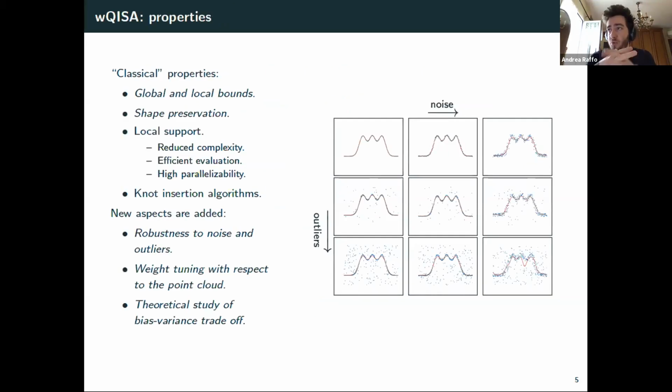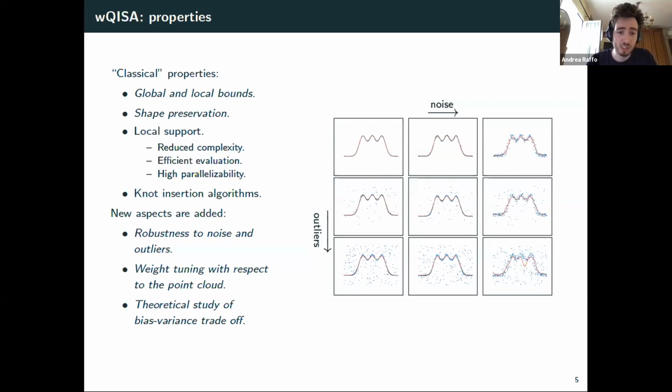Classical properties of quasi-interpolation are preserved. We have global and local bounds, sorry. The monotonicity and convexity of the, let's say, average trend of the point cloud is preserved. And we have all the properties that come from the use of B-splines. So for example, we have local support, which means high parallelizability of our approach.